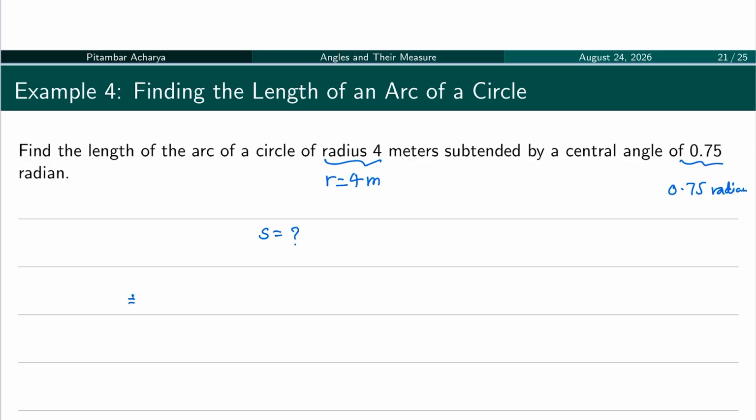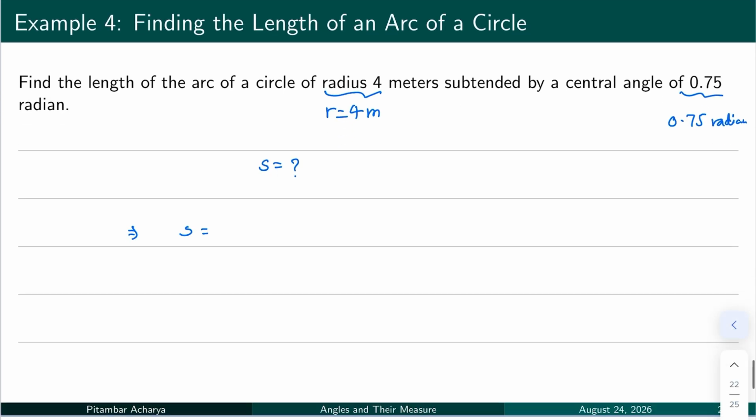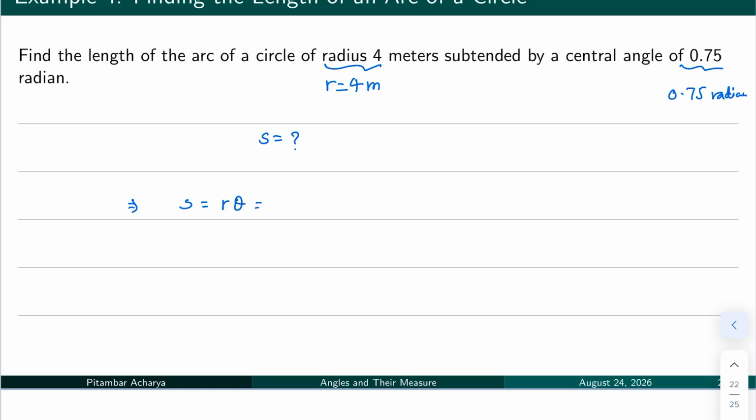Since s equals r theta, it should be 4 meter times 0.75 radian, which is 3 meter. Since s is a distance, the unit should be consistent. So s is in meter, and the right side should be in meters.